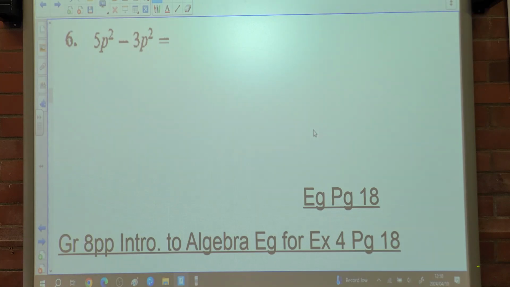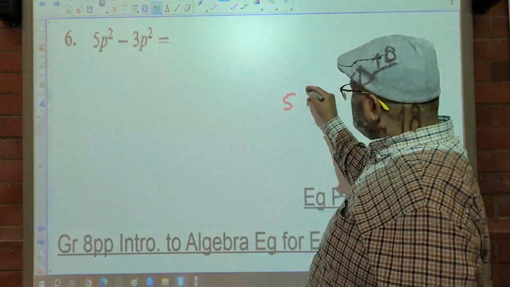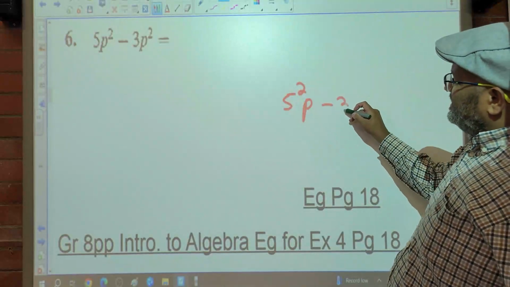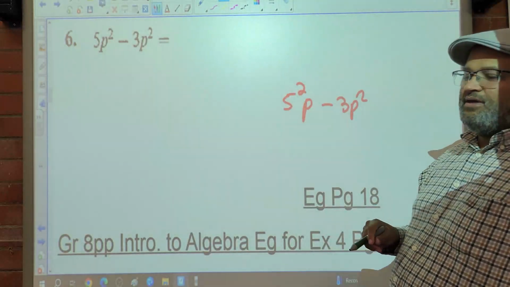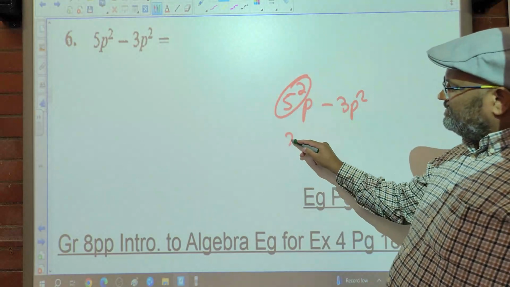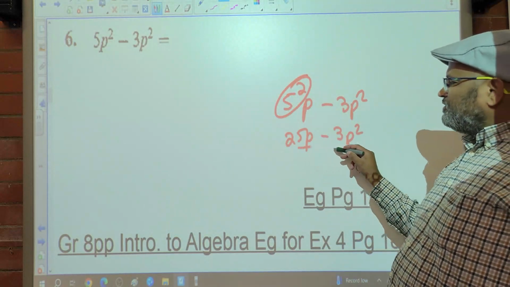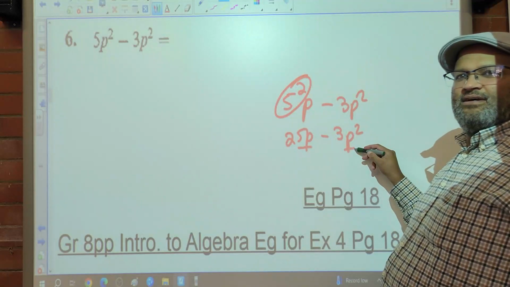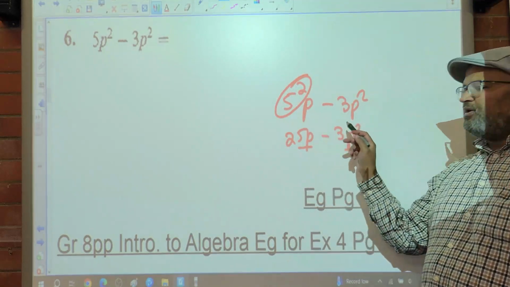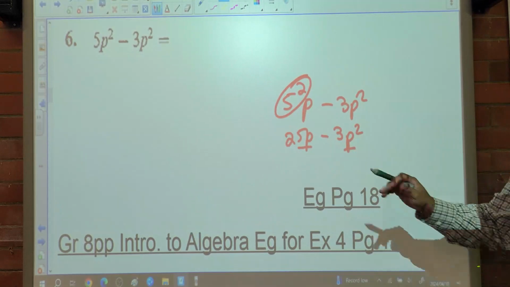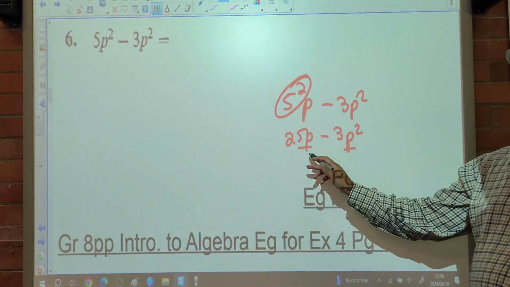Say for example it was 5 squared p minus 3p squared. But what is 5 squared? So 25p minus 3p squared. Are these like or unlike? Unlike. Why? Because the exponents must also be the same. So can I subtract that? No. So that's your answer.